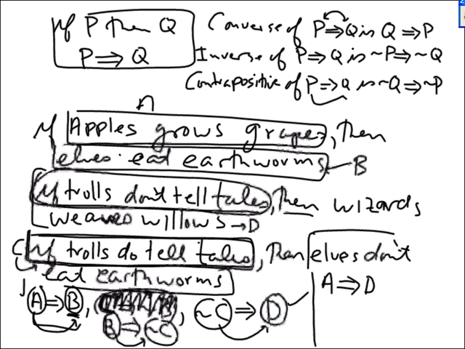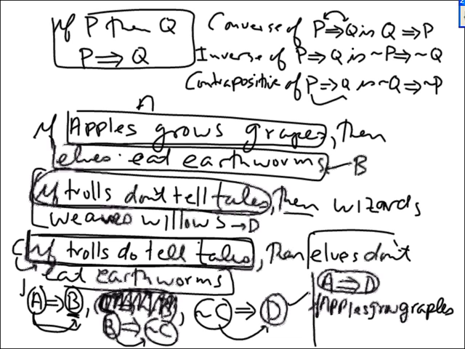Now what was A? Looking at the very top, because this is if A then D, A is apples grow grapes.